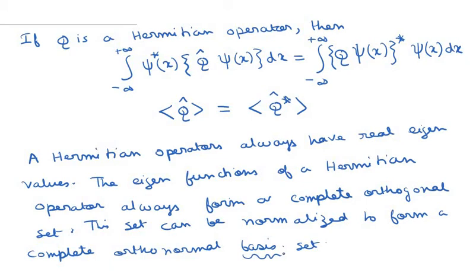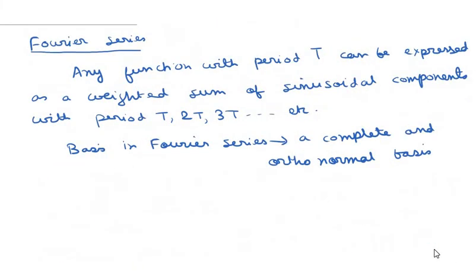Similarly, in the Fourier space, or in case of any function with a time period t, that function can be broken down in terms of sinusoidal components with time period t, 2t, 3t, etc. So those sinusoidal components form the basis set of any function with a time period t, because any function with a time period t can be expressed in terms of these sinusoidal components with period t, 2t, 3t, etc.